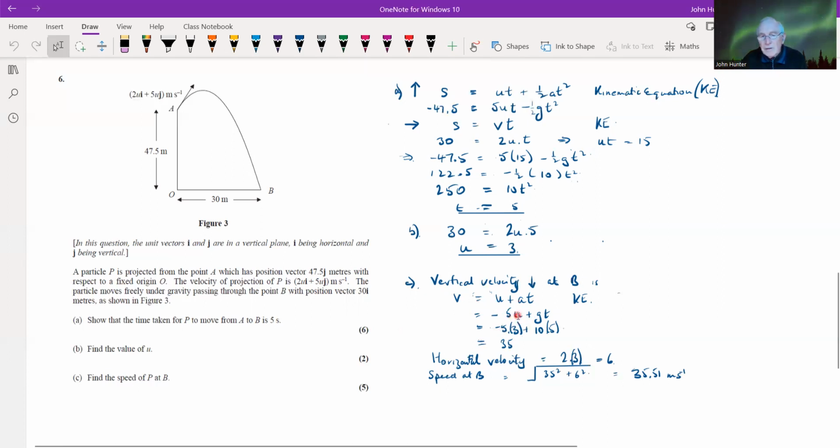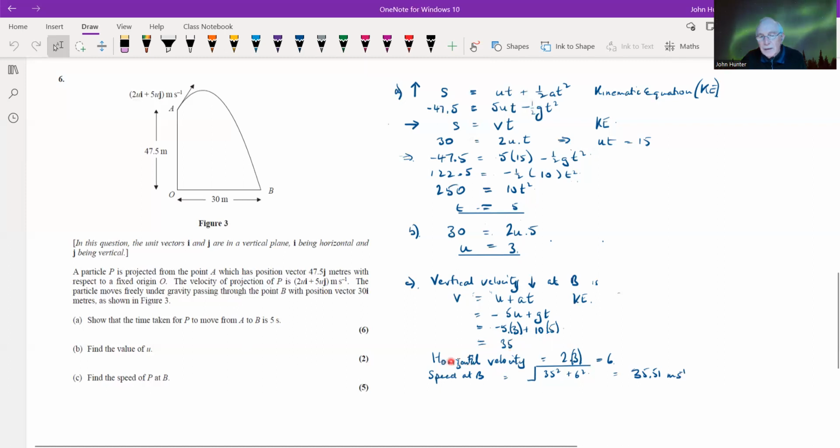So minus 5u plus gt. So we've got minus 5 times u, which we know to be 3, plus 10. We're taking g as 10 in this problem. Times 5, and that's going to give us v equals 35.